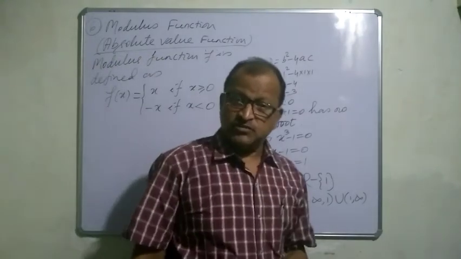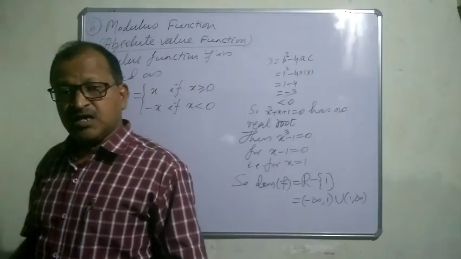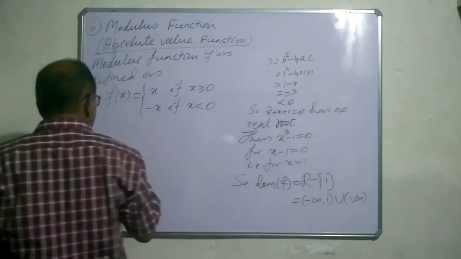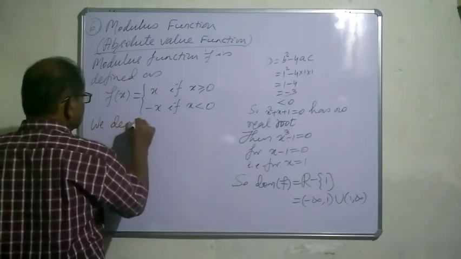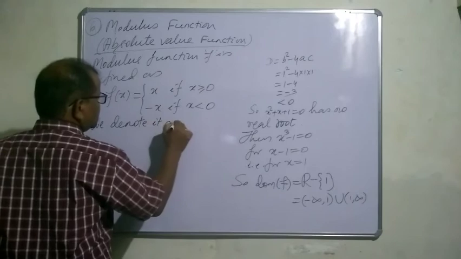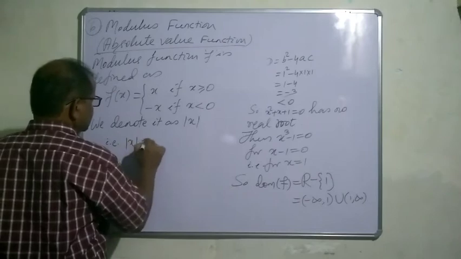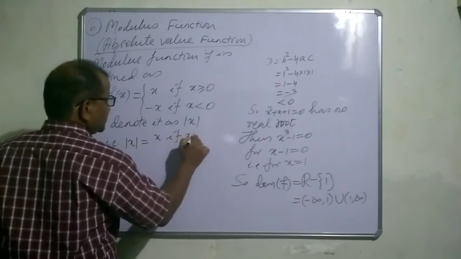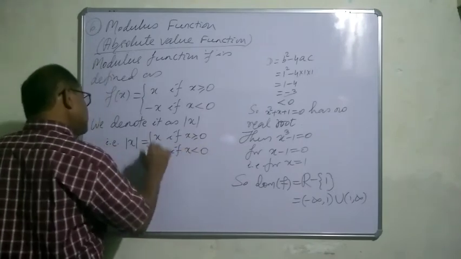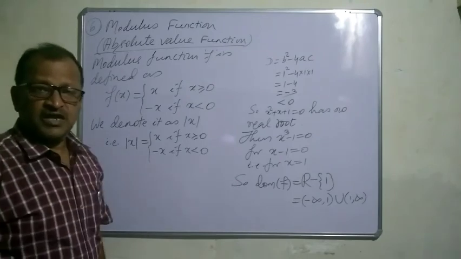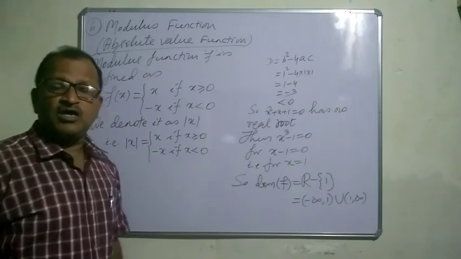It is equal to x when x is greater than or equal to 0 and minus x when x is negative. We denote it symbolically as modulus of x, that is, modulus of x is equal to x if x is greater than or equal to 0 and minus x if x is less than 0, right? This is your modulus function.